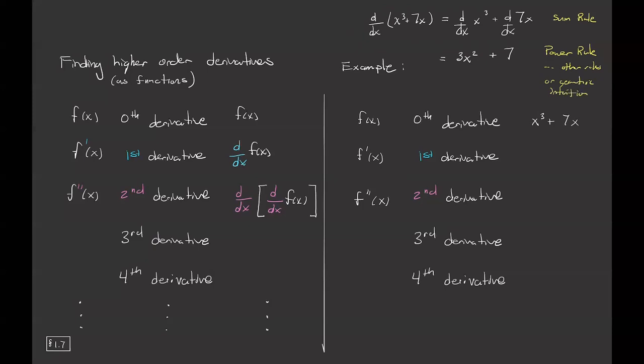All right. We computed the first derivative. It's 3x squared plus 7. Now to compute the second derivative, we need to know what the first derivative is, but we just computed that. Actually, let me take a step back. Let's say at this point you wanted to know what the third derivative is.